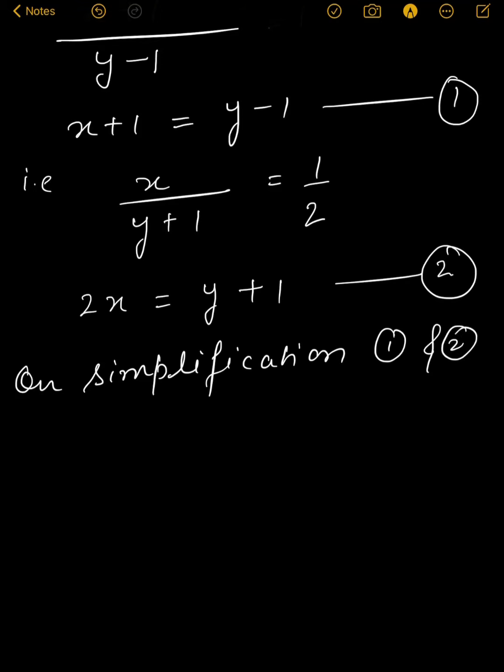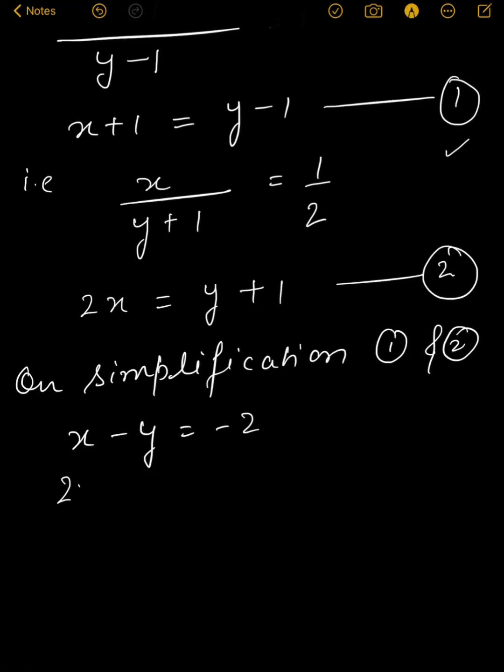So the first equation we get is x minus y is equal to minus 2 from equation 1, and from equation 2 we get 2x minus y is equal to 1. So we have to solve these equations. Let's name them A and B. We have to solve these equations using the method of elimination.